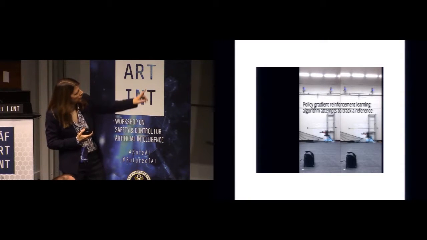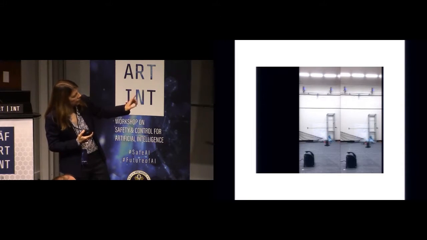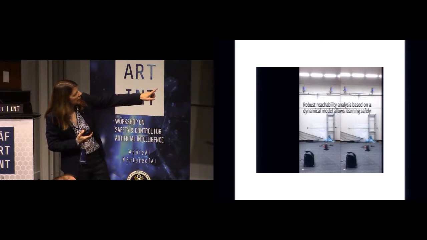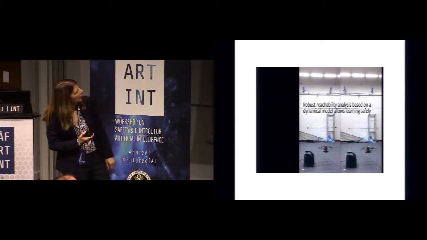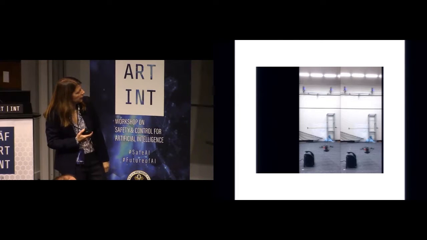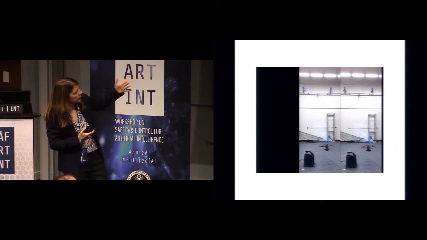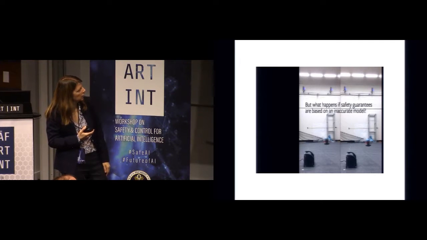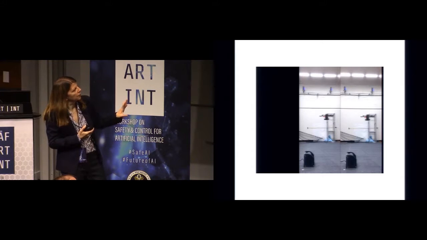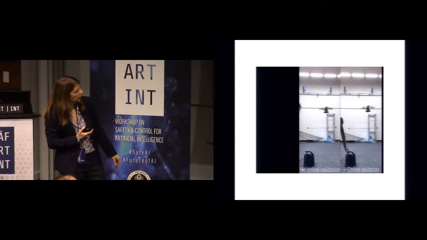We're using policy gradient reinforcement learning and also Gaussian processes. And we're using the reachability analysis that I spoke about. So we've got the envelope computed and safe control associated to that envelope. And so then we ask, what happens? We don't know about the disturbance, and there is going to be a significant disturbance.